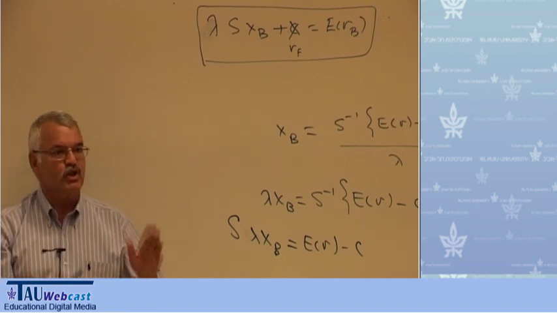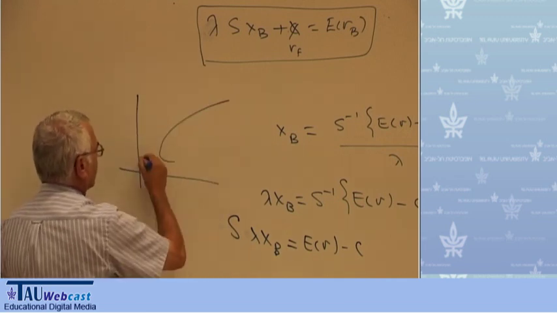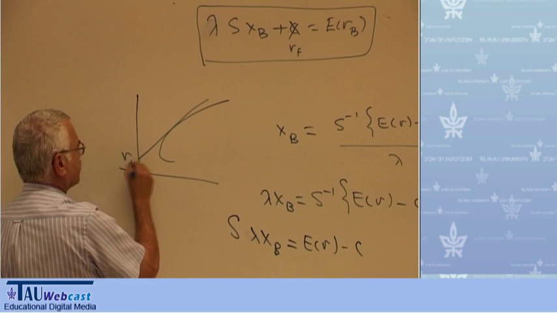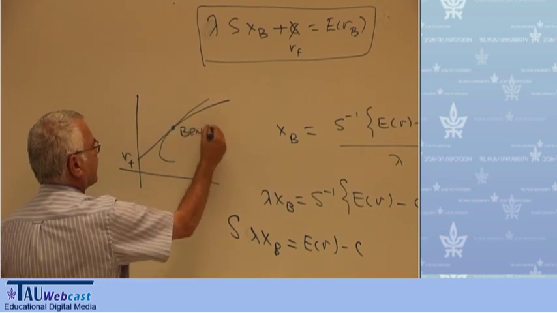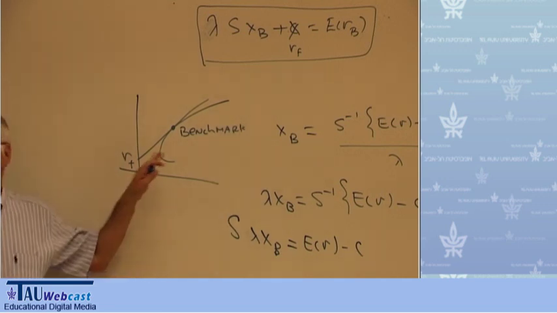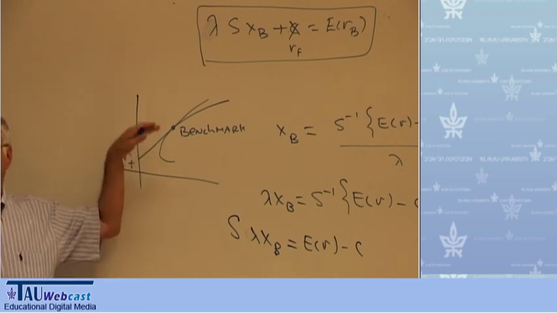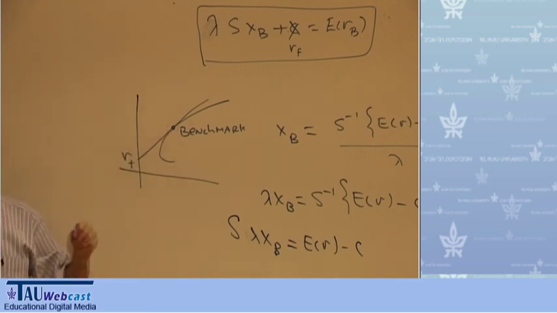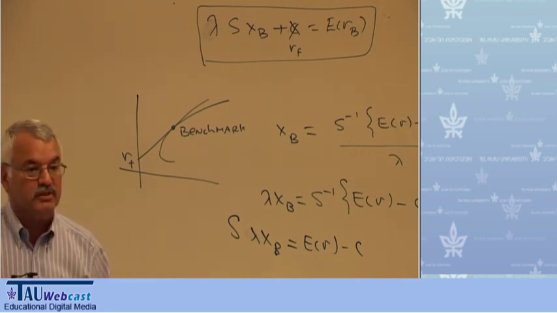So I'm actually going to solve: here's the risk-free rate, here's the benchmark. I'm going to tell you which expected returns, given the risk-free rate, put the benchmark right on the frontier. All right? Very simple. It's actually simpler than optimizing.